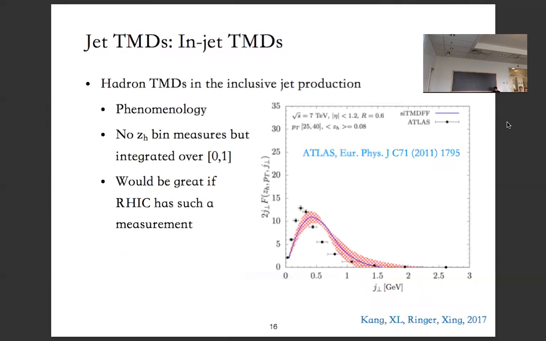So we wanted to do some phenomenology, but we figured out that actually there is no data for that. At the moment, there is no zh being measured. zh is integrated over 0 to 1, so we cannot do an apples-to-apples comparison at the moment. It would be great if RHIC had such a measurement. I think it's doable. But in any case, we do some comparison, and qualitatively they more or less agree.